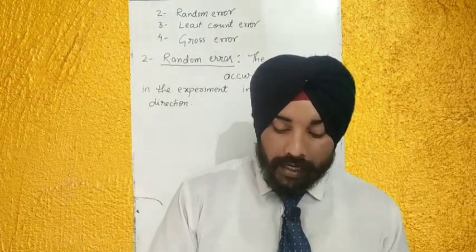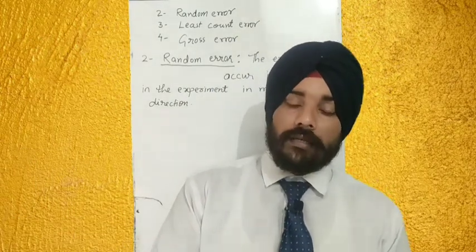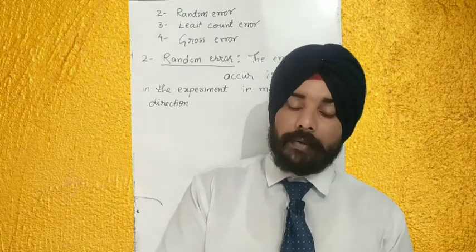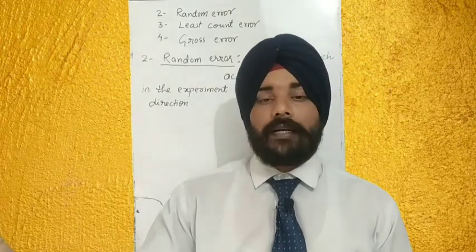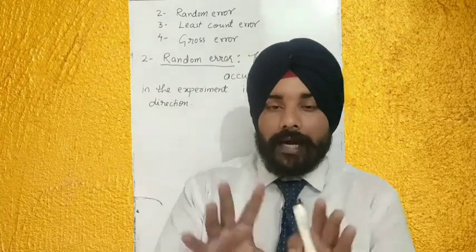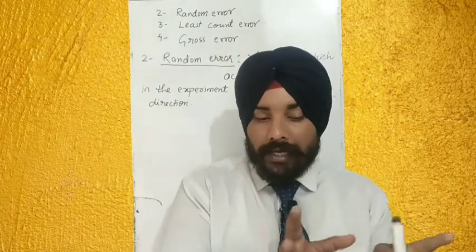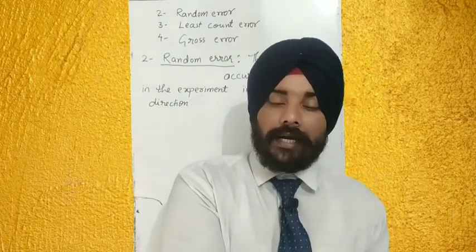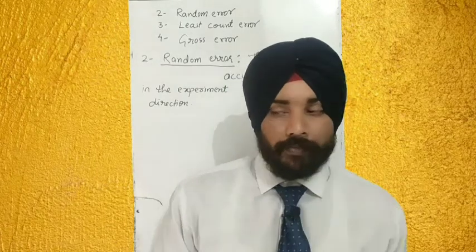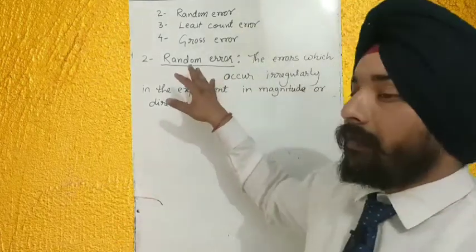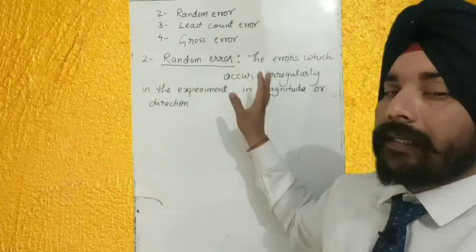So these are the errors. Every time we experiment, we get a different observation. It means some errors are occurring, but the exact reason behind this error is unknown. That is why we call these errors random errors.